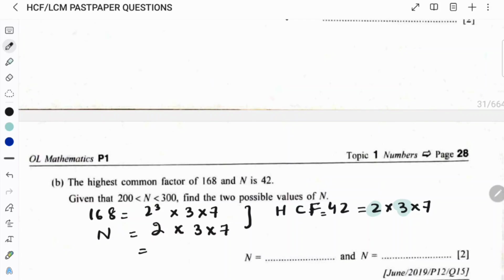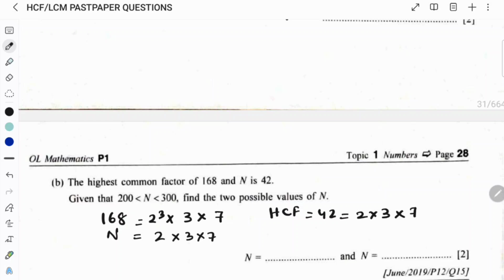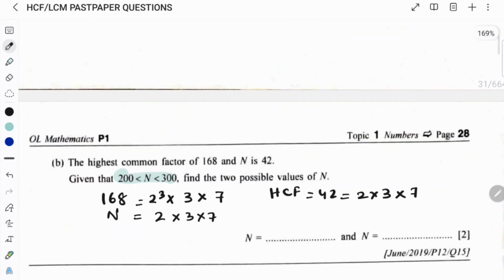So n will be equal to this, but it can have some other possible values as well, because we have to keep n between 200 and 300 in this question. So HCF is 2 into 3 into 7, but n can be a different number.